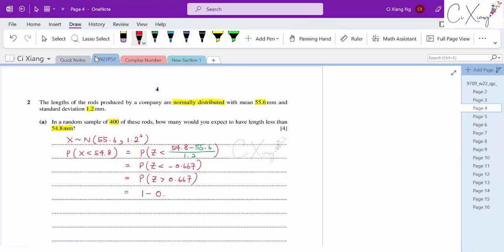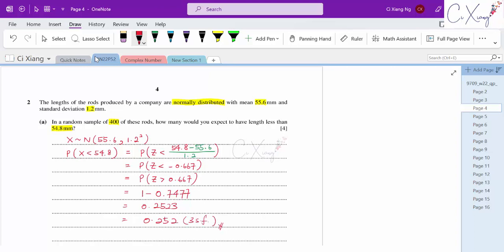So I take 1 minus 0.7477, and the 4 decimal place answer is 0.2523. Correcting it to 3 significant figures, we have 0.252.